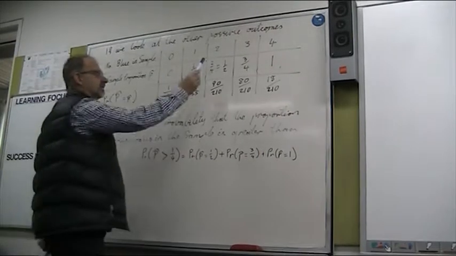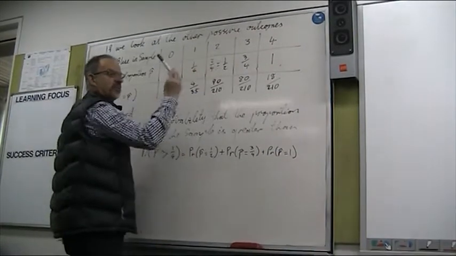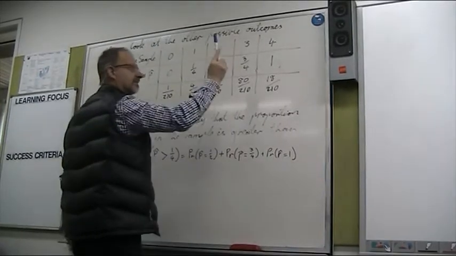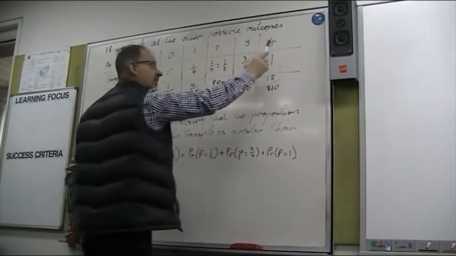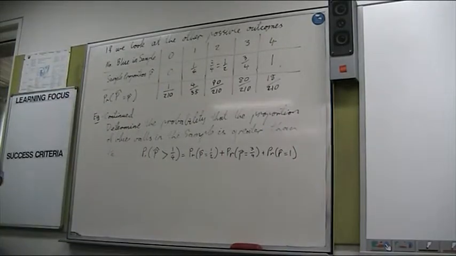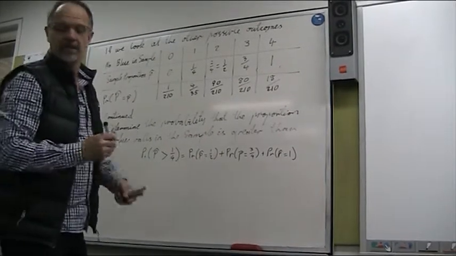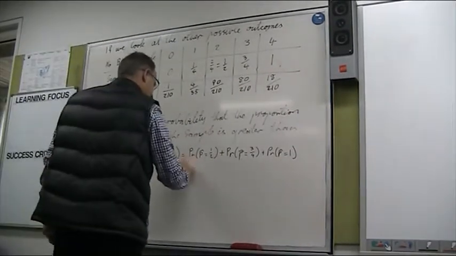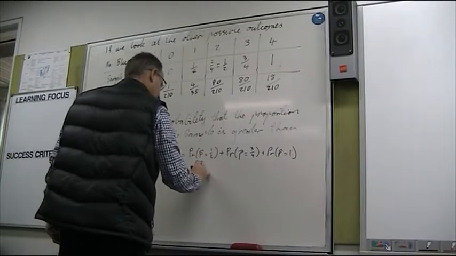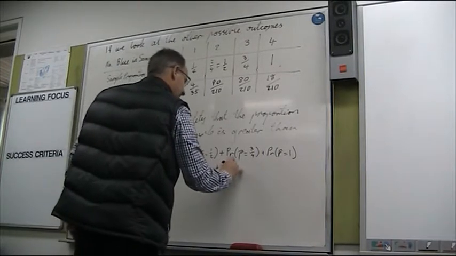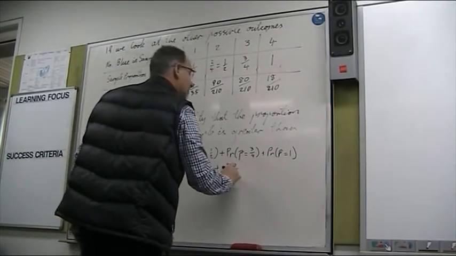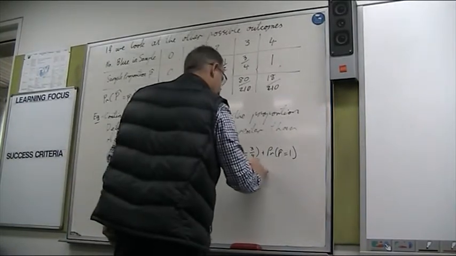Right, so it's either 2 blue in the sample, or 3, or 4. And you just read those numbers there, add them up. So it's 90 over 210, plus 80 over 210, plus 18 over 210.